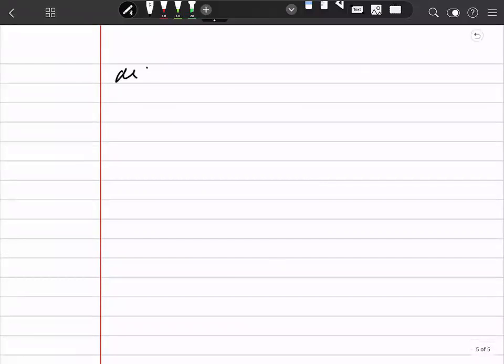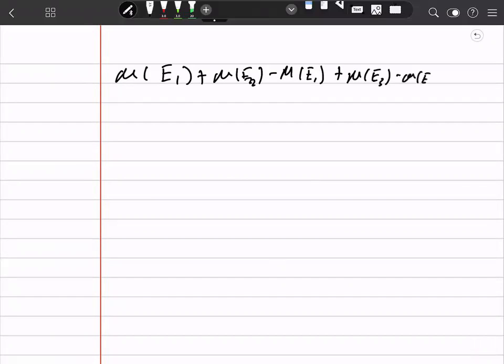But writing this out, we just get mu of E sub 1 plus mu of E sub 2 minus mu of E sub 1 plus mu of E sub 3 minus mu of E sub 2 plus all the way through plus mu of E sub n minus mu of E sub n minus 1.